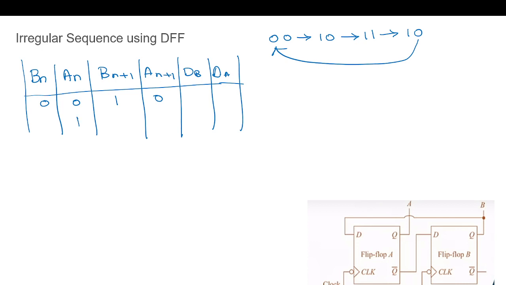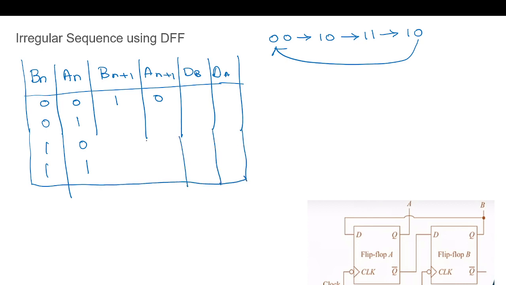Let's go in order. Then we will figure out the next state. That way also you can do, but this way filling the K map will be easier. So 0 1 we go to 1 1, 1 0 it will go to 0 0, and 1 1 will go to 0, but both are the same. You wrote 1 0 two times, madam.